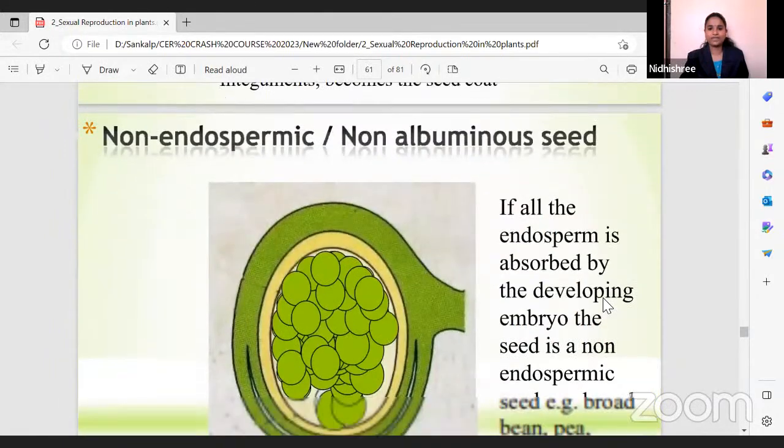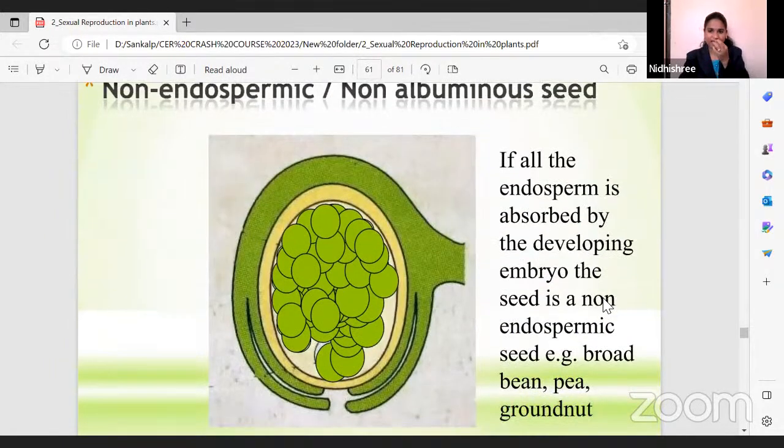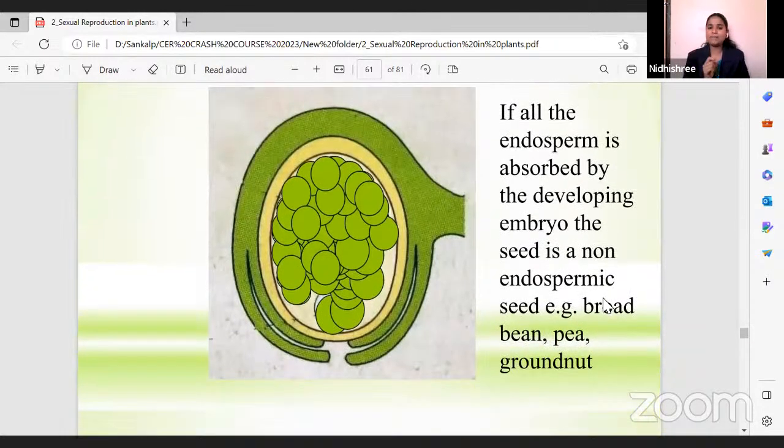Seed formation. Again, in the seed, we have non-albuminous or non-endospermic seeds. Examples: bean, pea, groundnut. These are all examples of non-albuminous seeds. If all the endosperm is absorbed by the developing embryo in the seed, it is non-endospermic or non-albuminous.